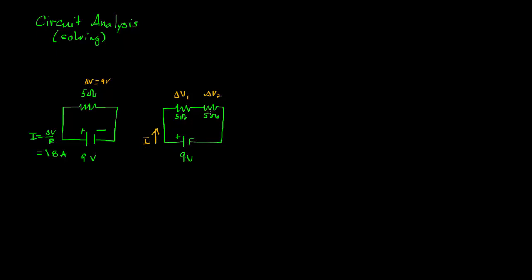So what we have to do is build what's called equivalent resistance. And this is how you solve circuits. We start putting all of the resistors together until we get something that looks like that, because that is easy to solve.